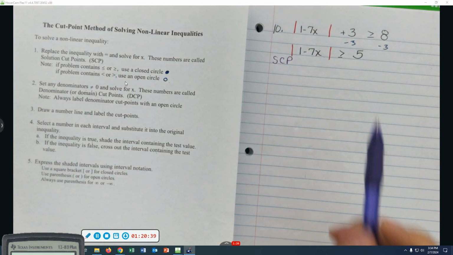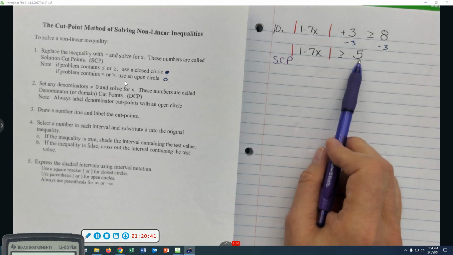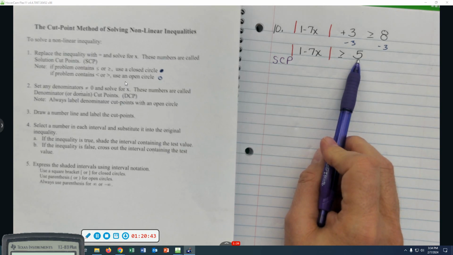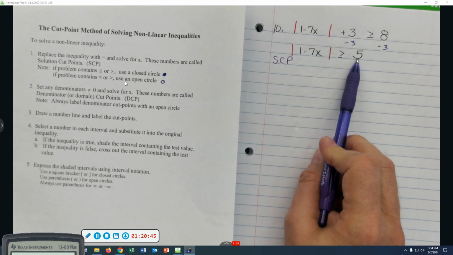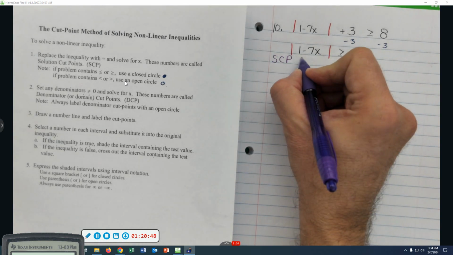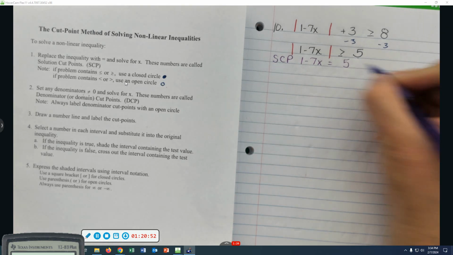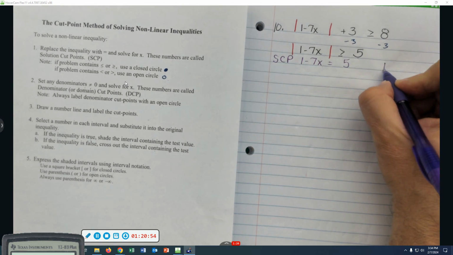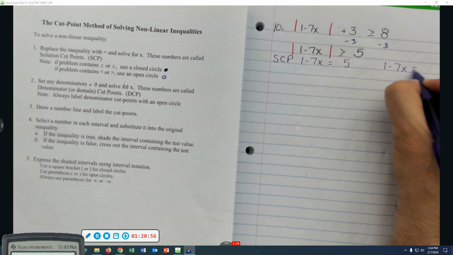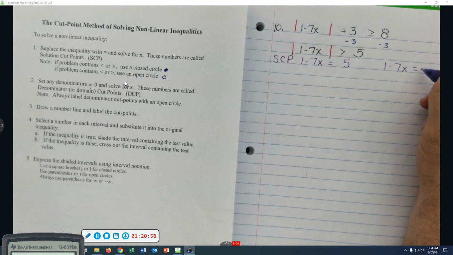Well, do we know how to solve an absolute value equation? Say yes. You say equals positive. And what am I about to write here? 1 minus 7x equals negative.